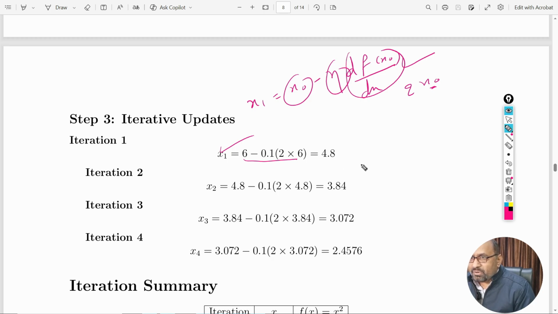Now using x1, we can easily calculate x2, which is 4.2 minus 0.1 times 2 times 4.2, and after simplifying we have 3.84. Similarly, for the next value, with the same function and learning rate 0.1, the new value is 3.072, and similarly x4 will be equal to 2.4576.